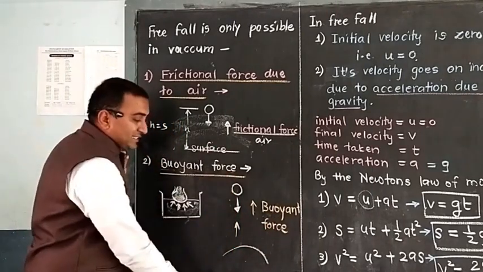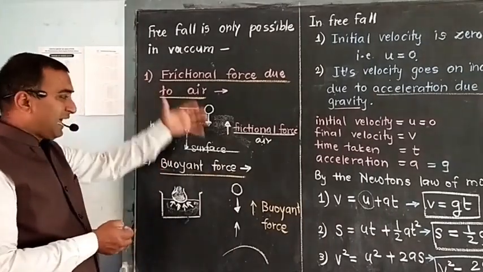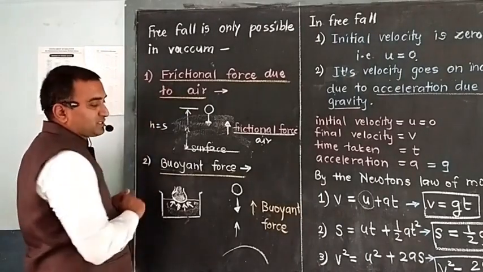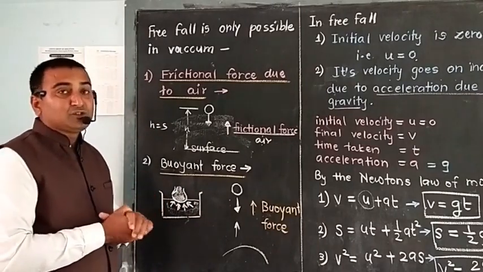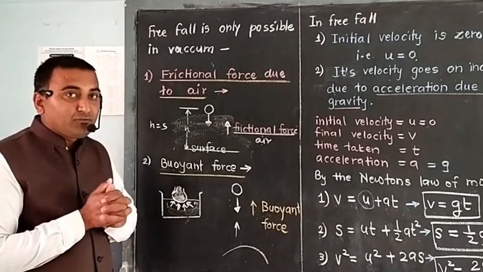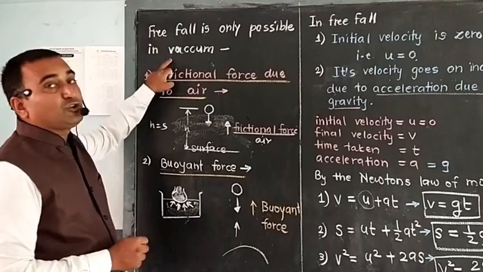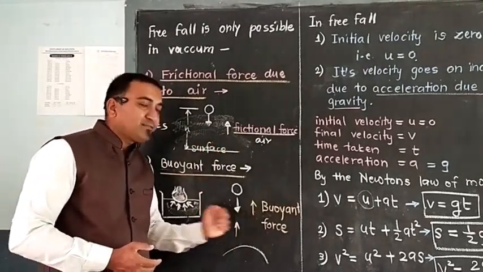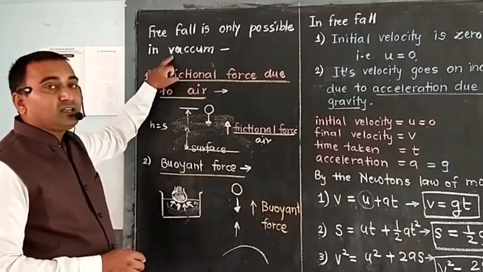So the object is not falling freely on the earth because of the atmosphere and because of these two forces: one is frictional force and the second is the buoyant force of the atmosphere. So free fall is only possible in vacuum, because in vacuum we do not observe the frictional force and the buoyant force. So truly free fall is only possible in vacuum.